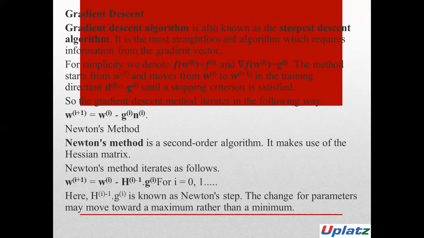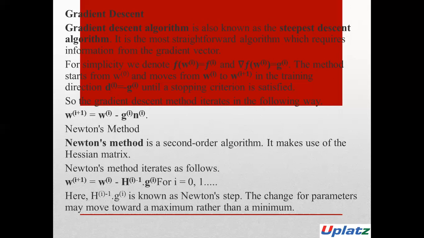For simplicity, we denote f(w(i)) equals f(i). The method starts from w(0) and moves from w(i) to w(i+1) in the training direction d(i) equals minus g(i) until a stopping criterion is satisfied.